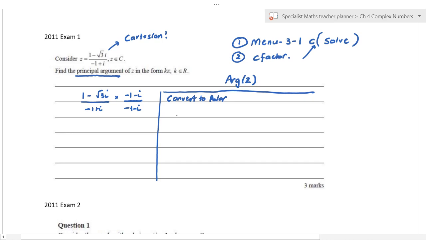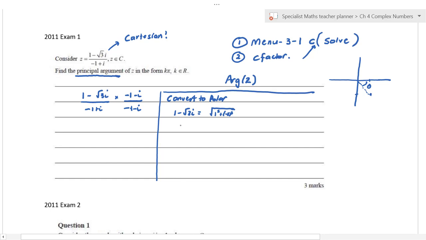Now, converting to polar, first of all, for 1 minus root 3i you should instantly be able to know that the magnitude is the square root of 1 squared plus minus root 3 squared. It's also important to draw it. 1 minus root 3i is going to be in this quadrant here, and we've got some reference angle.